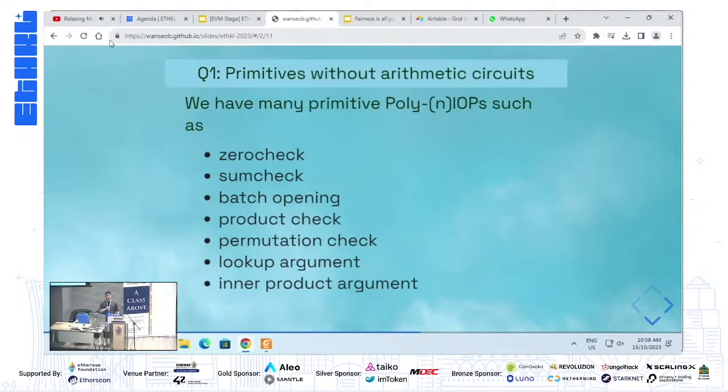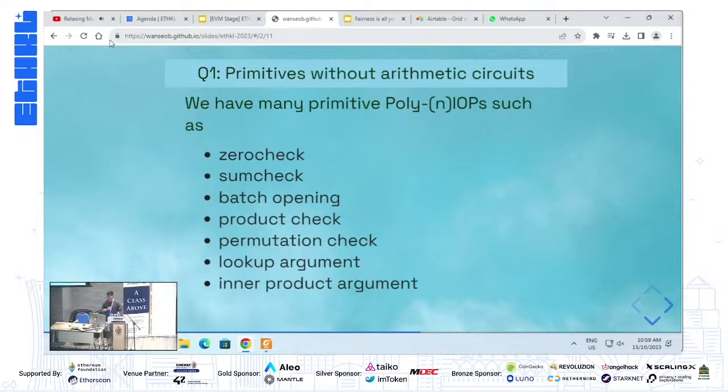Yeah, so just a recap of the first question. The primitives without arithmetic circuits: we have many primitive polynomial IOPs, where a polynomial IOP is something like proving some relationship between polynomials. And the polynomial IOPs that we have are: the polynomial is 0 for every point, or the sum of the evaluations of the polynomial equals something, or we can do some batch opening, product check, permutation check, lookup argument.